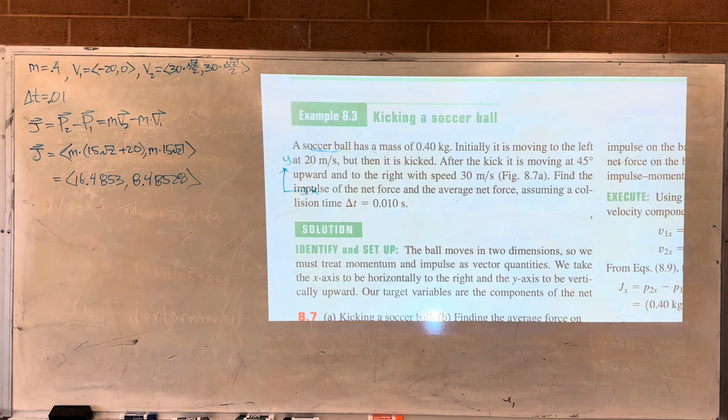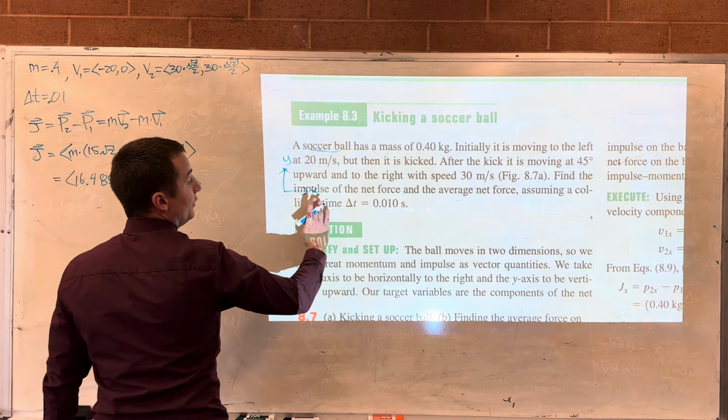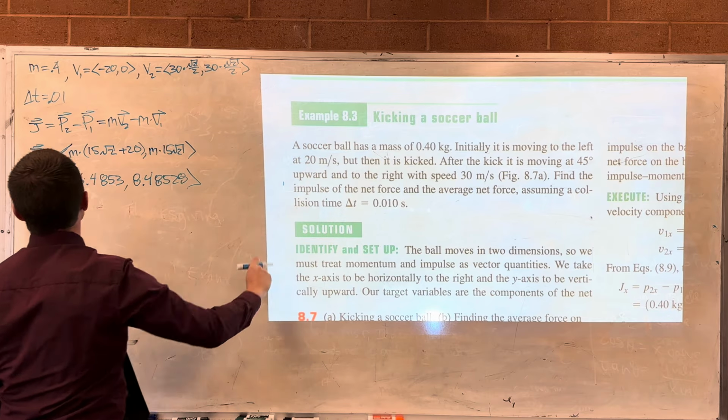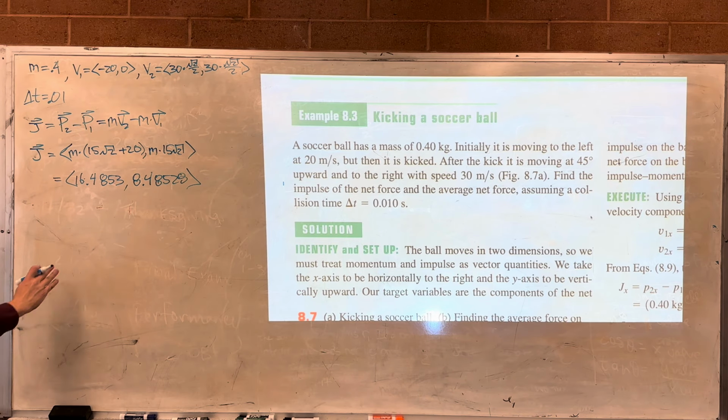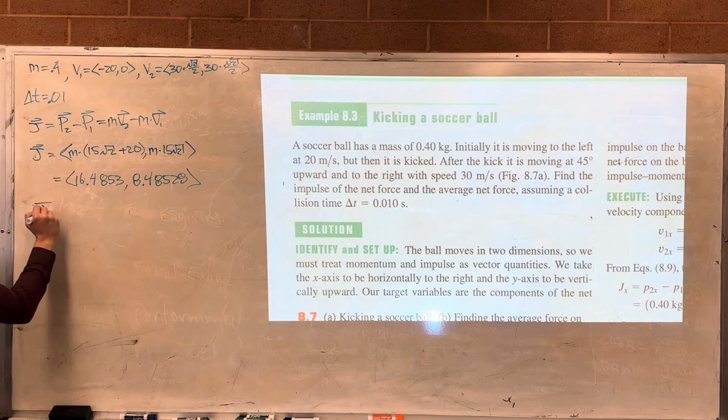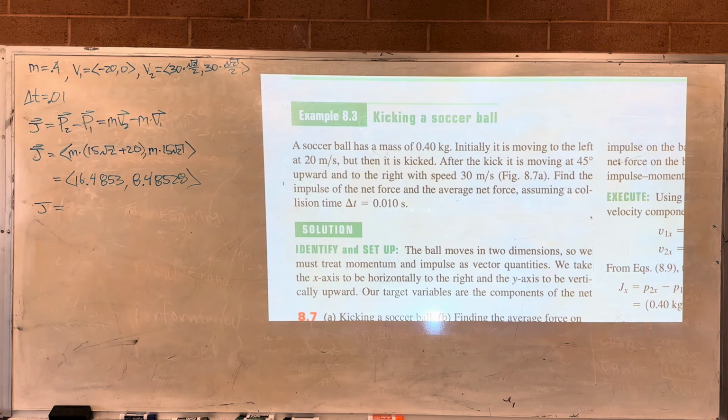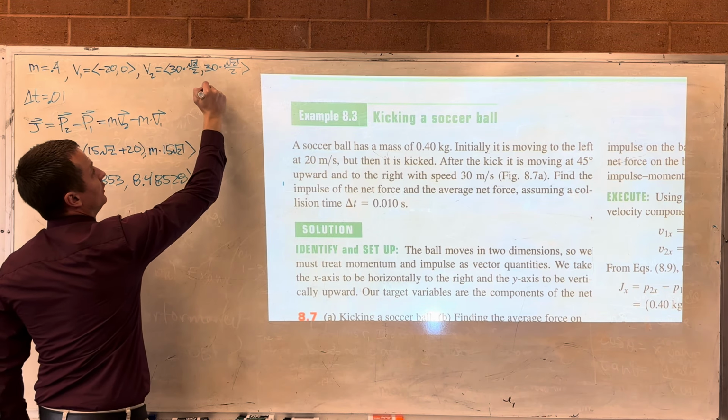And then next they wanted us to find the average net force, which is J over your time. So let's find J now. What's J going to be? Just the square root of that squared plus that squared. It's just the magnitude of that vector. Writing it how we have it over there is this equation.